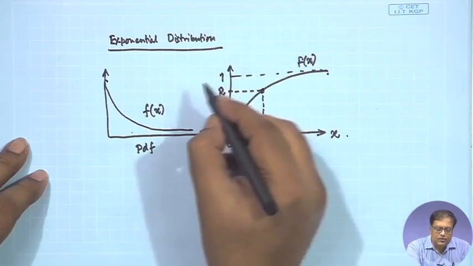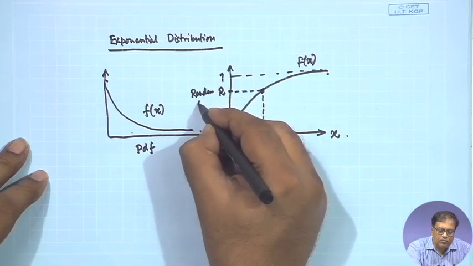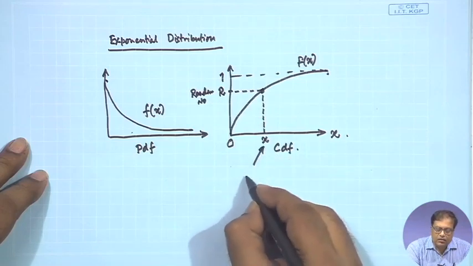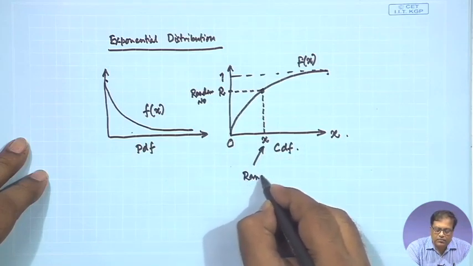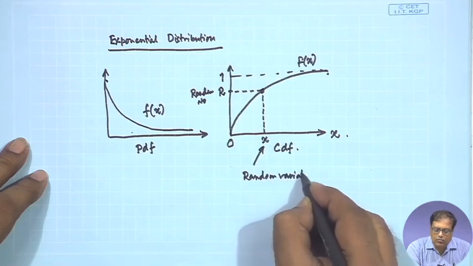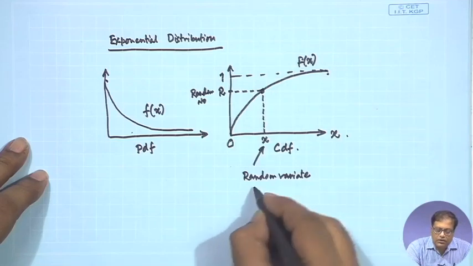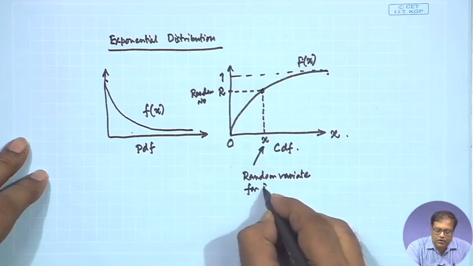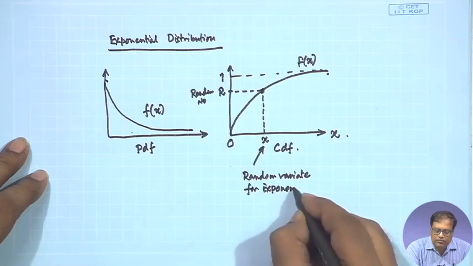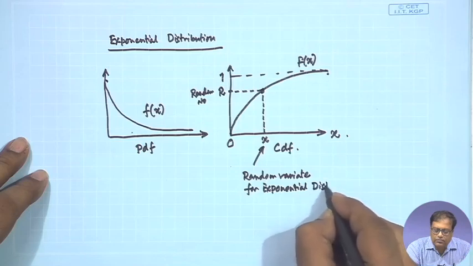So, you see, r is a random number and this x is a random variate for exponential distribution.